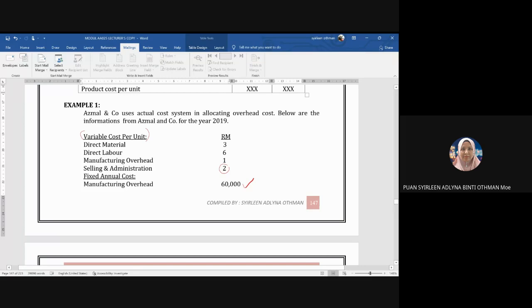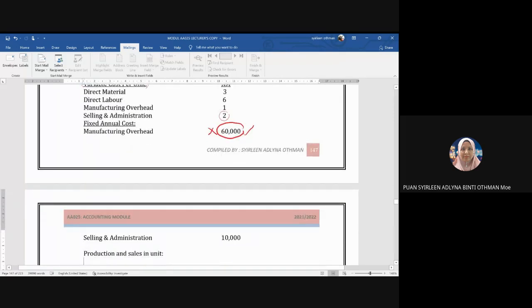Tapi kalau dalam marginal costing, you tak perlu bahagilah sebab masa you kira product cost per unit tu, you tak kira langsung benda ni. So item ni akan diambil sebagai one item as 60,000 sebagai expenses di fixed cost nanti. Okay, that's why you kena faham bila kita akan guna 60,000 per unit produced to get the cost per unit. Okay, alright.